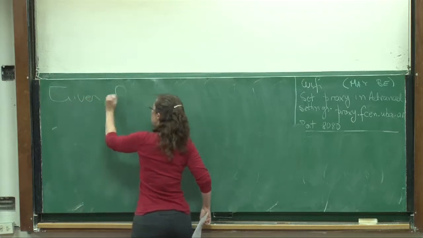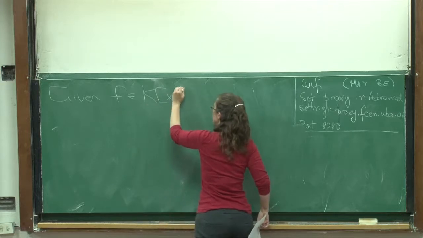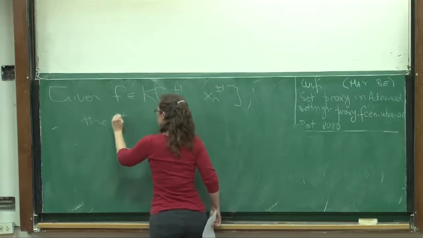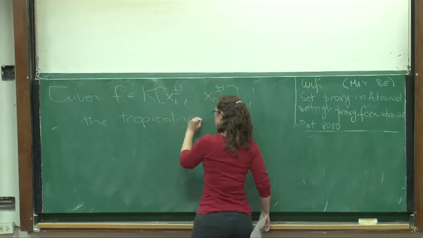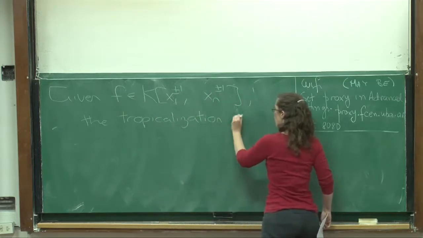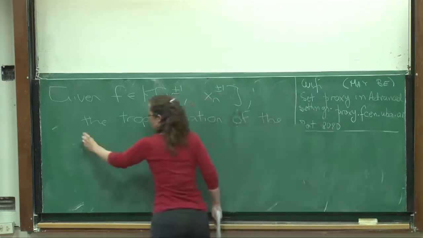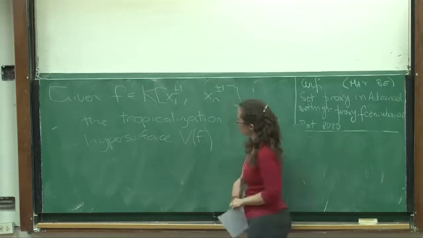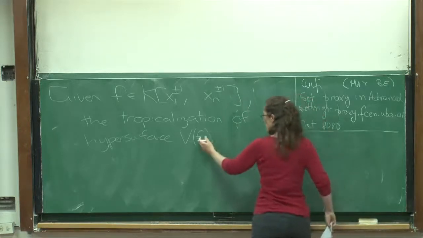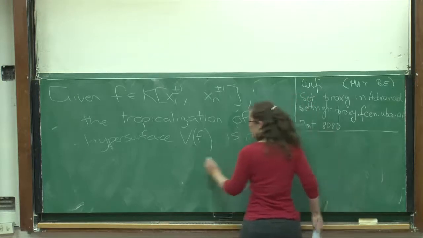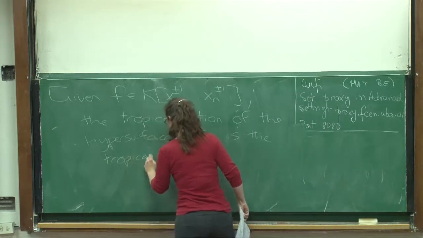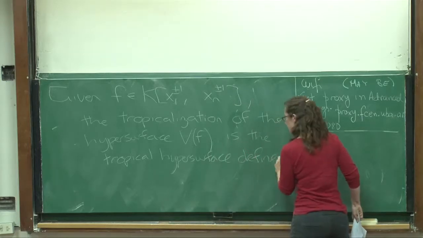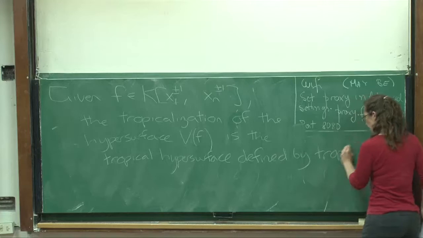So given, again, f in my original polynomial, the tropicalization of the hypersurface, I'll use just the notation v of f for the variety defined by the polynomial f, is the tropical hypersurface defined by trop f.